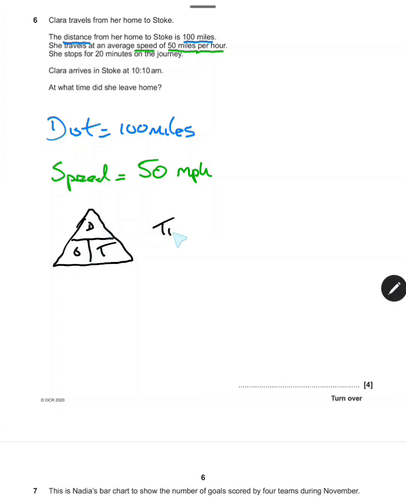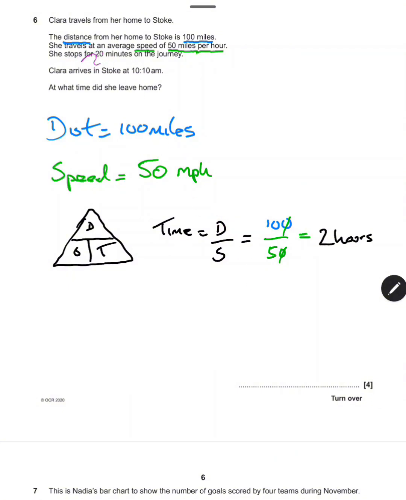So I'm just going to write that down. Time is distance divided by speed, which is 100 divided by 50, and 100 divided by 50 is 10 divided by 5, which is 2. Because we've got miles and miles per hour, that will be 2 hours.